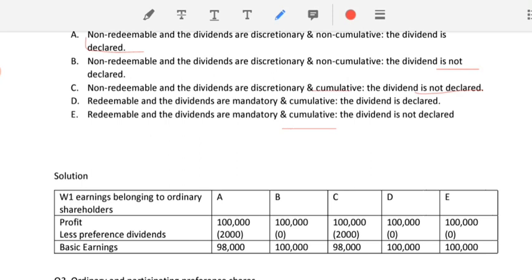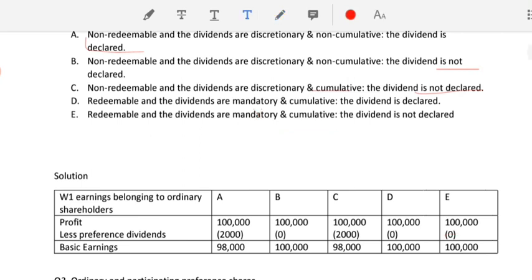We are repeating the same scenario. From A to E, the shares are redeemable and the dividends are non-mandatory and cumulative. So we're supposed to put 2,000 here.